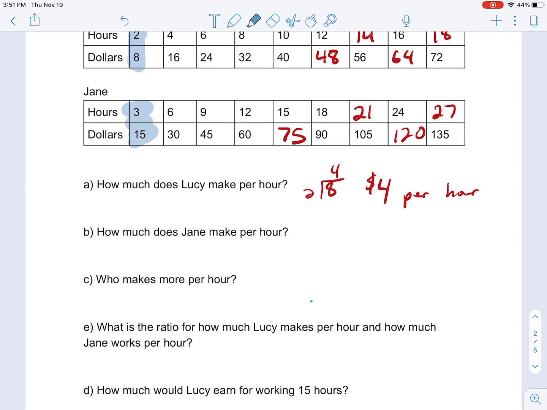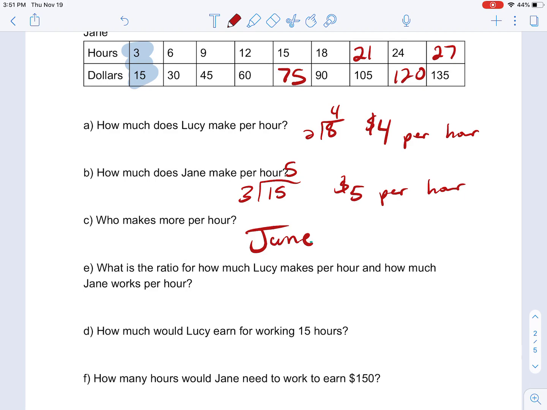Well, she makes $15 in 3 hours, so that would give us $5 per hour. Okay, who makes more per hour? Obviously, it is Jane. What is the ratio for how much Lucy makes per hour and how much Jane makes per hour? It would be 4 to 5.